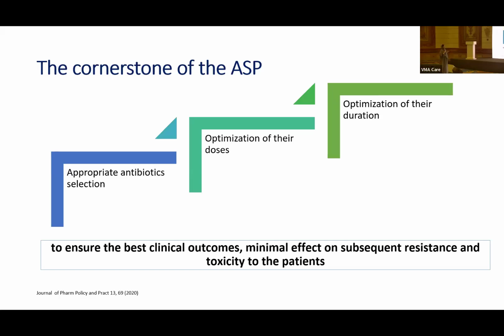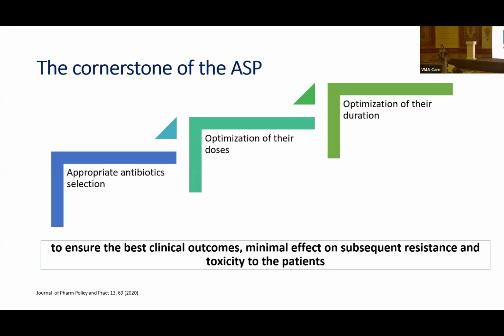Optimization of duration is also similar to doses. If we are giving a duration that is beyond what is recommended, then we are increasing the chance of selective pressure and resistance. And if we are giving a duration that is less than what we need, then we will come up with treatment failure, relapse, reinfection.